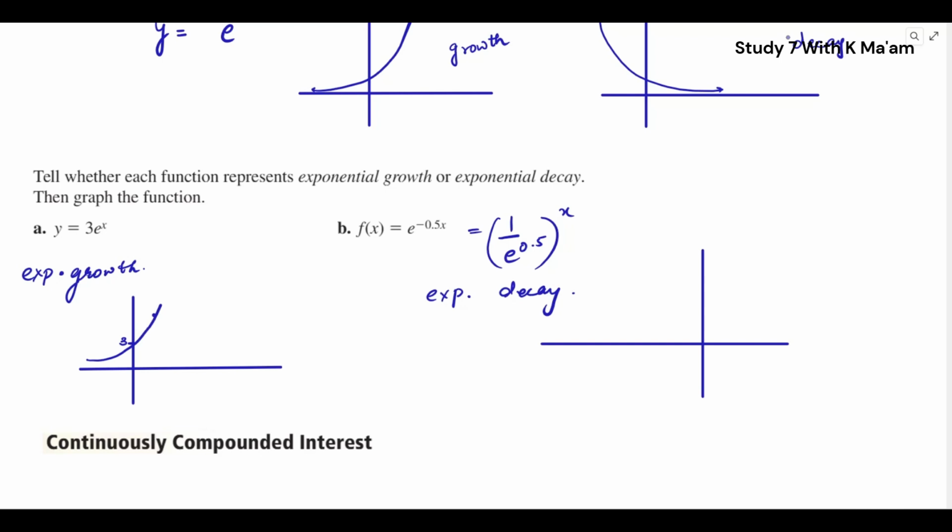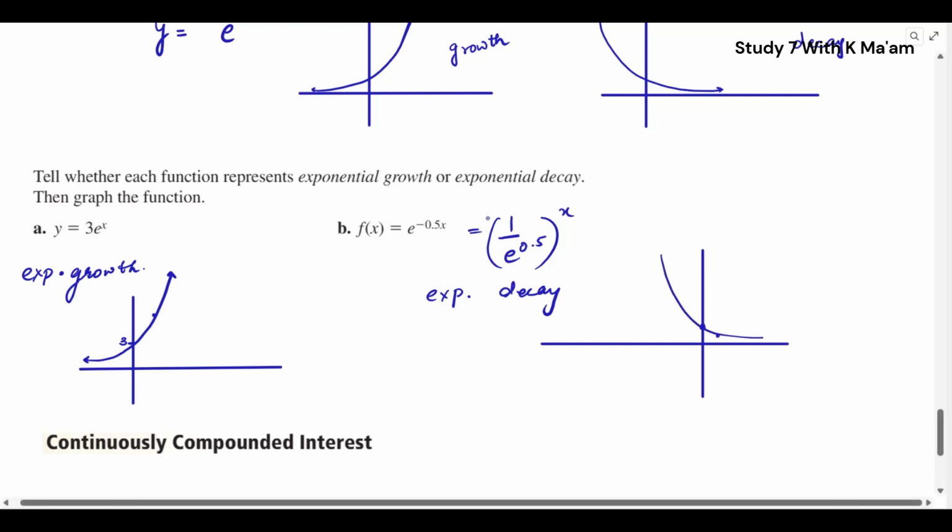So let's see, if I draw, you will get the graph like this. In this case, at 0 it gives you 1. If you put 1, you will get a number 0 point something. So your graph comes up to down in this case. This is 1 and that's 3.